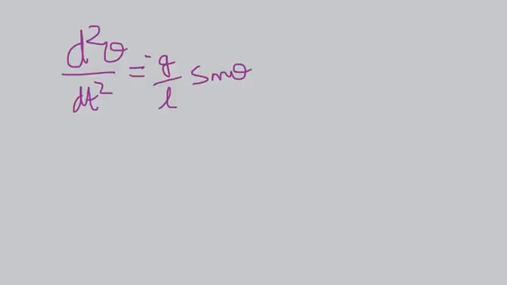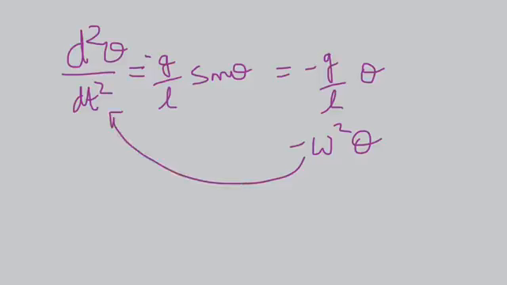But with our approximation, this becomes negative g over L theta. Well, doesn't this look a heck of a lot like negative omega squared theta, which is what we really want our solution to this to be?